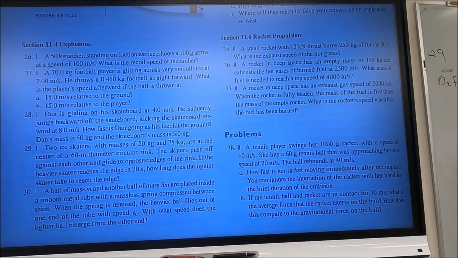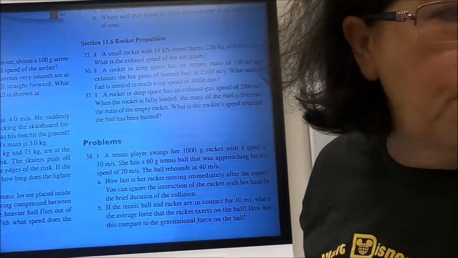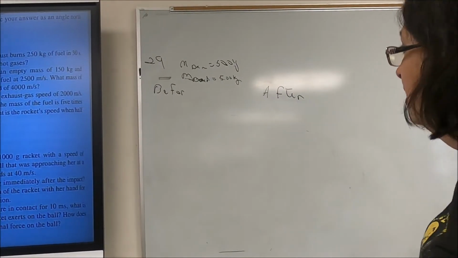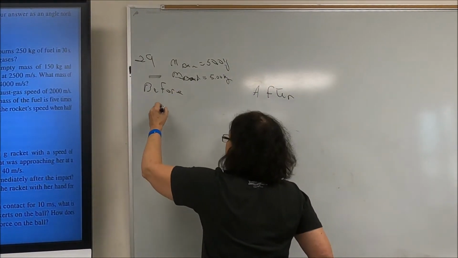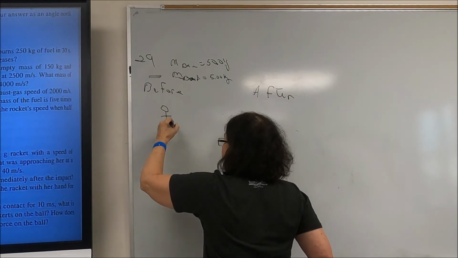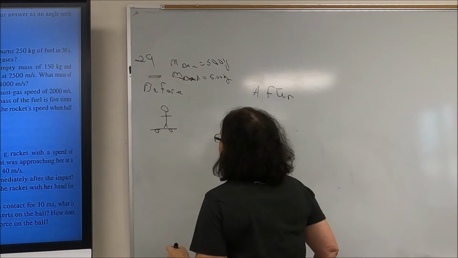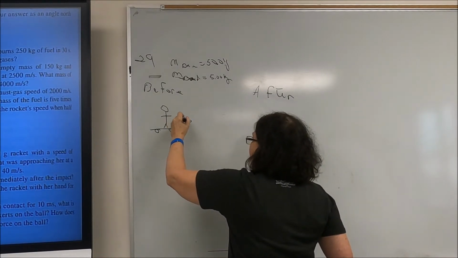Again, we think about before and after. The mass of Dan is 50 kilograms. The mass of the board is 5 kilograms. I got some pre-stuff written here on the board. Before, we have our person standing on the skateboard, and they are traveling in this direction, V initial.